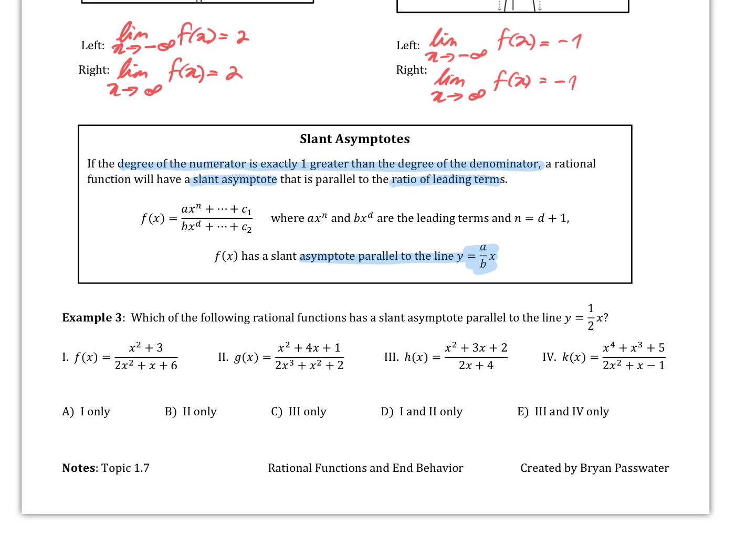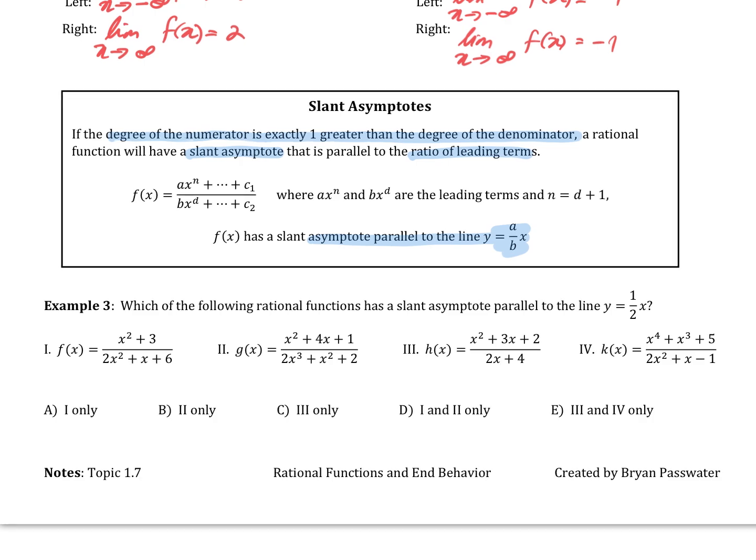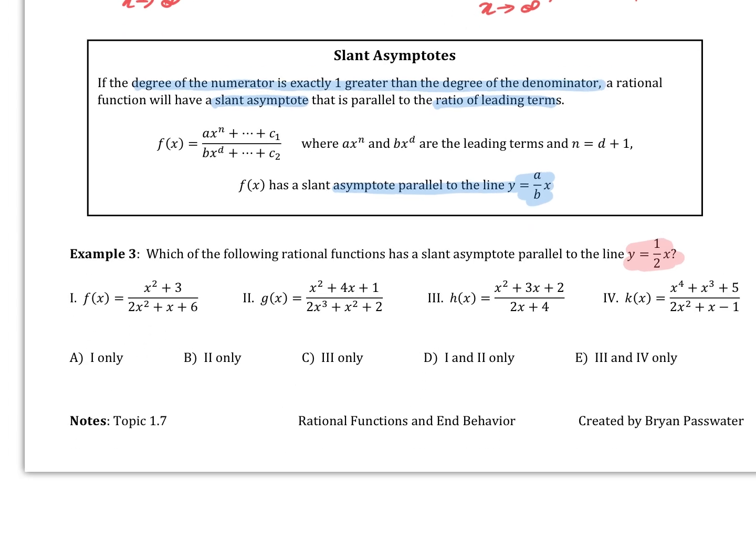Okay, example 3. Which of the following rational functions has a slant asymptote parallel to the line y is equal to 1/2 x? Now, look at this one. 1/2 x is actually linear in its very nature. Okay, so let's see our options in here.